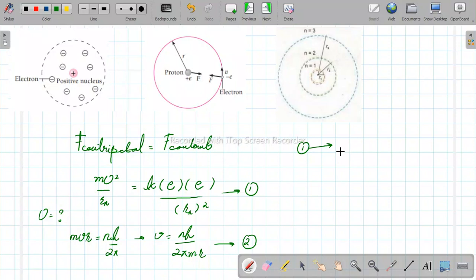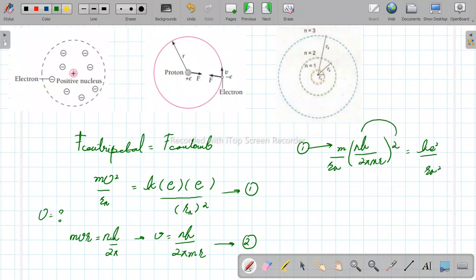Equation number 1 becomes m as it is, velocity square, it has to be nh over 2 pi mr square, then this rn in the denominator, and then on right side of the equation we have ke square over rn squared.